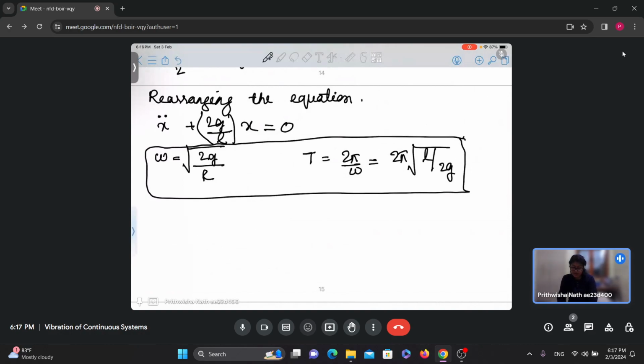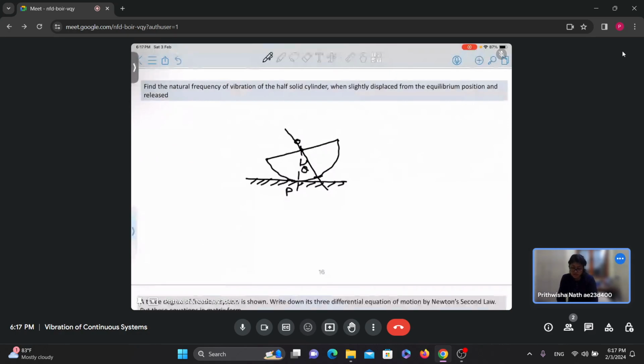So we can see that there is a half solid cylinder and it is slightly displaced from its equilibrium position, and we are asked to find the natural frequency of vibration. So it is displaced by the angle theta.